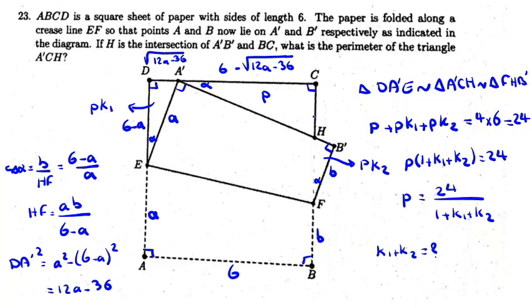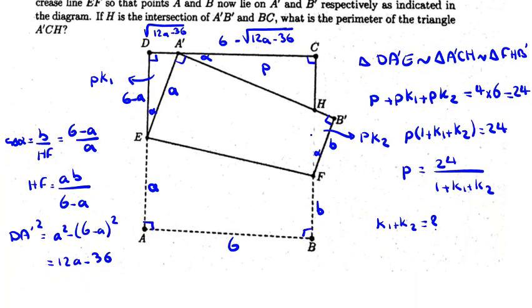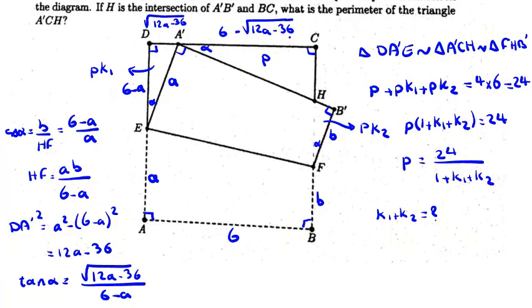Now here I want to find CH prime. So I can say tangent alpha, if we use tangent alpha in this triangle, will be the root of 12a minus 36, opposite over adjacent, over 6 minus a. If we use this triangle, it will be CH over 6 minus the root of 12a minus 36.